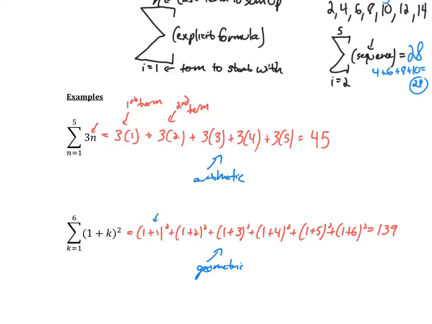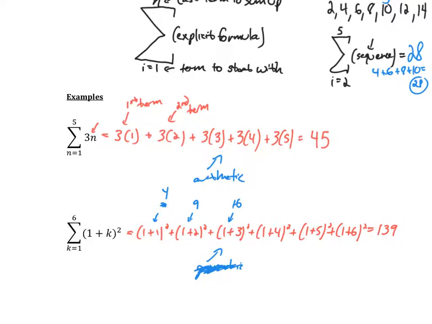No, sorry, it's not geometric. Take it back, it's neither. But either way, imagine we had to sum up a lot of terms in the sequence. That would be a lot to do. Sorry, that's not 2, that's 4.